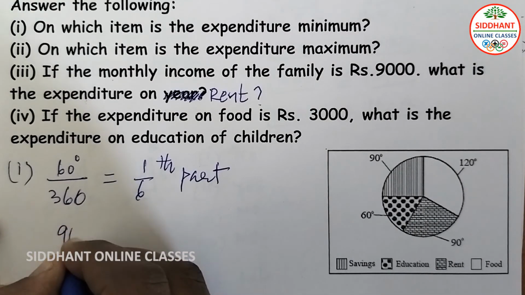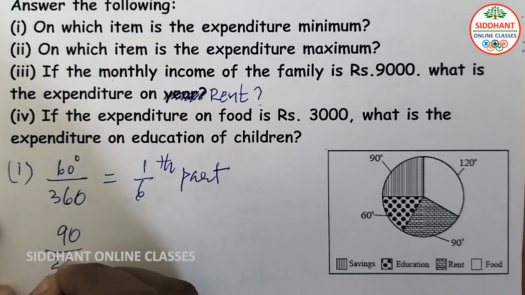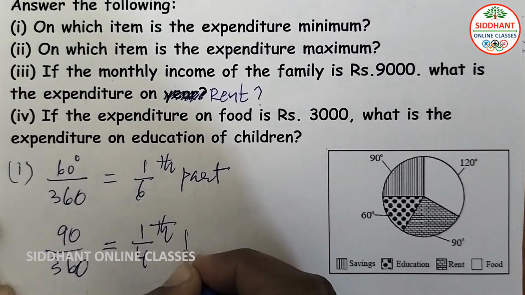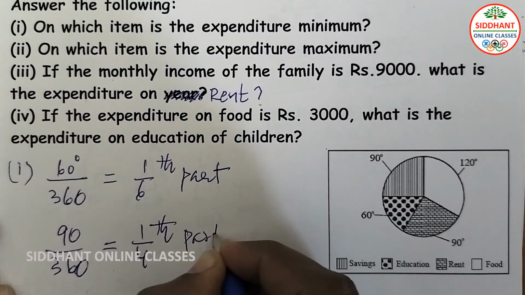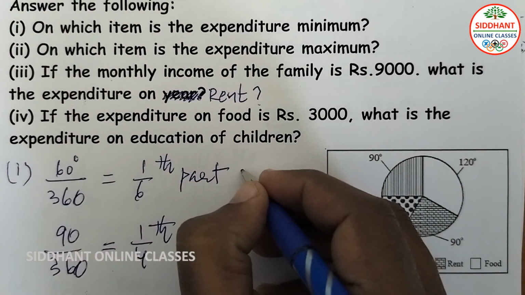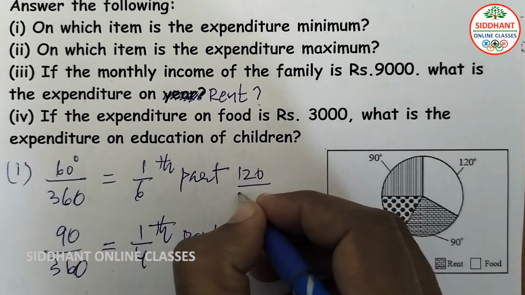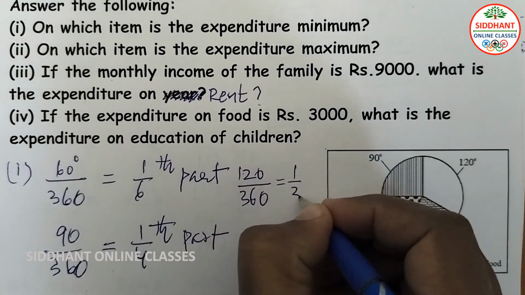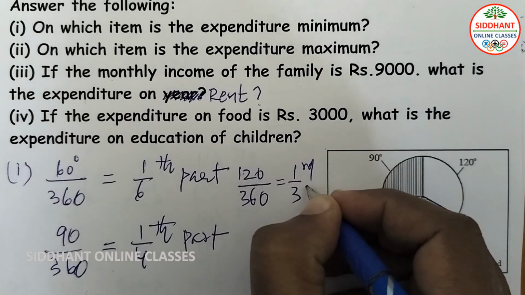So 90 degrees by 360, we see 1/4 part. Next 120 degrees is there. So 120 by 360, it will be 1/3 part.